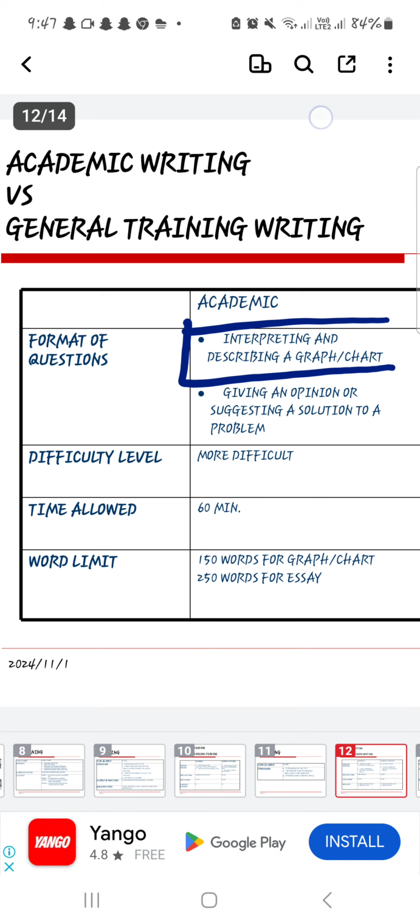In part one, the examiner will ask you different questions, like 4 to 5 different questions. They are all from your general life. There is nothing related to academic or anything. They are general life questions on general topics.